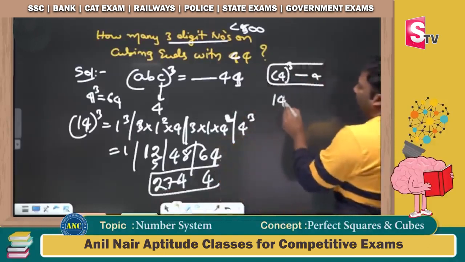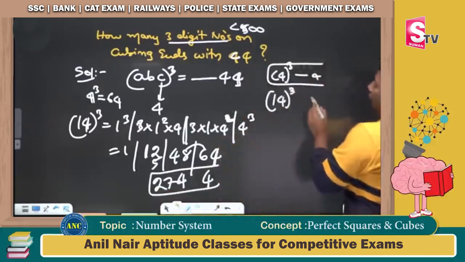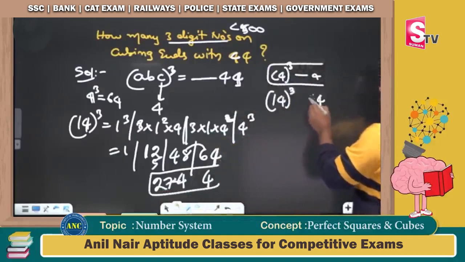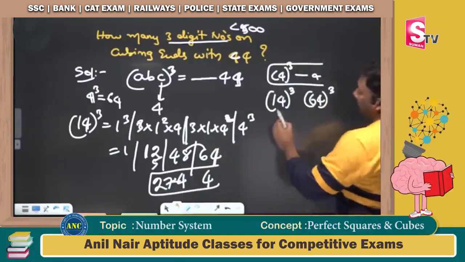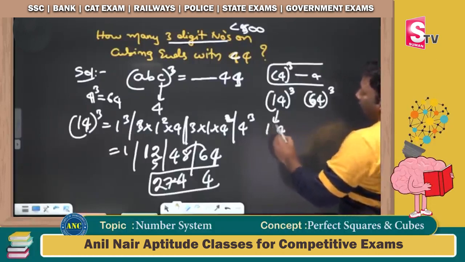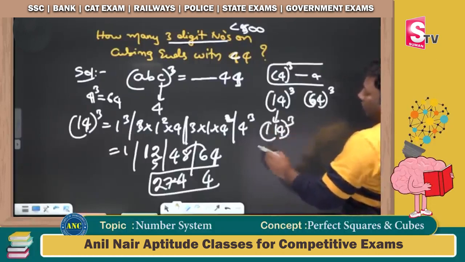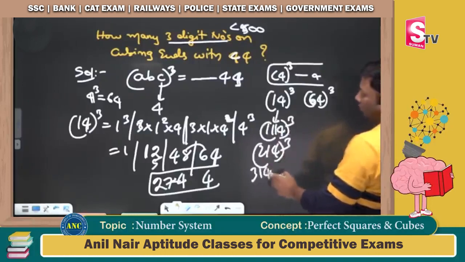So from 14 cube I get 44 at the end, and 14 plus 50, 64 cube also. I want a 3-digit number less than 500. 114 cube is possible, 214 cube, 314 cube, 414 cube.